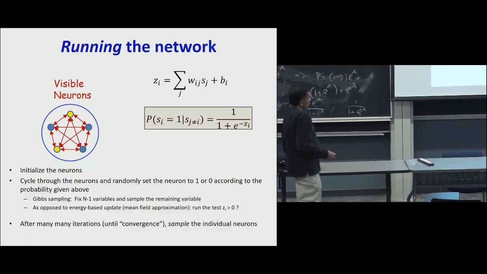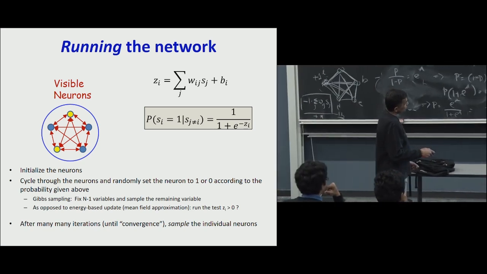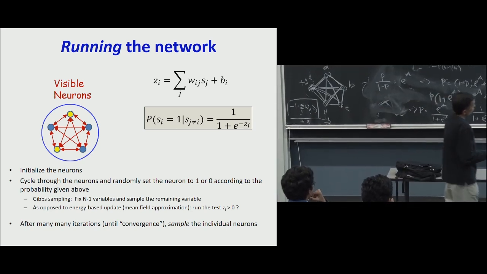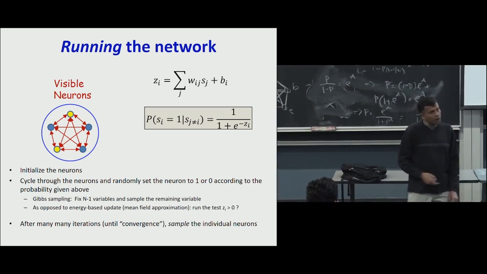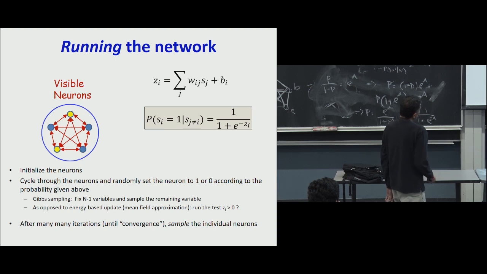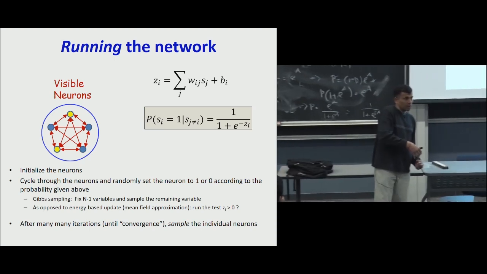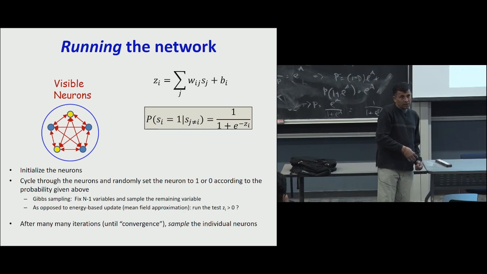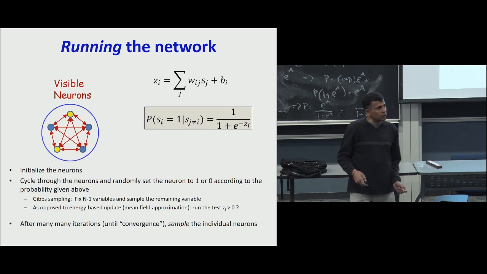And here's how we're going to do this. You'd initialize all the neurons, then you'd cycle through the neurons and randomly set each neuron to 1 or 0, instead of 1 or minus 1, according to this logistic function, where for each neuron you fix the other neurons, compute the field, compute the logistic of the field, and decide whether you're going to flip the neuron or not.